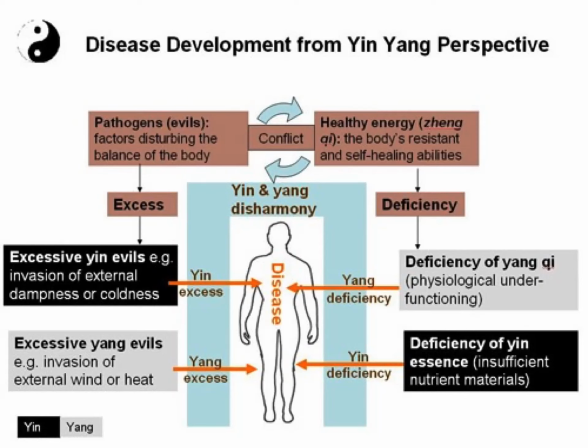Yung isa naman, we have the deficient yin essence, no? That means you have insufficient nutrient materials. So you can definitely not protect yourself from excessive yang evils, no, external wind or heat. Okay, so you have yin excess on one side, yang deficiency on the other side, then yang excess or yin deficiency on the other side.